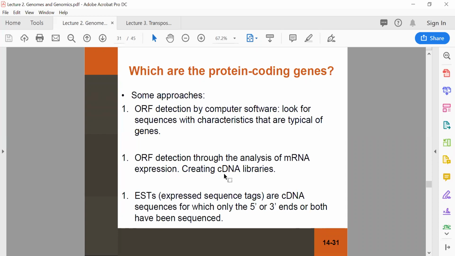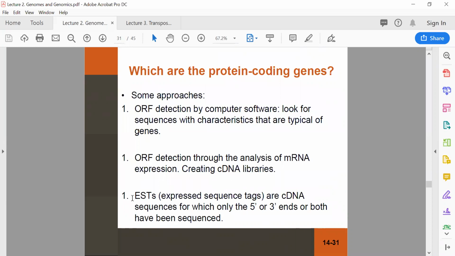And if you can actually synthesize cDNA from messenger RNA, then this provides direct evidence that a given sequence is expressed and therefore represents a true gene. So this is generally termed the gold standard proof.